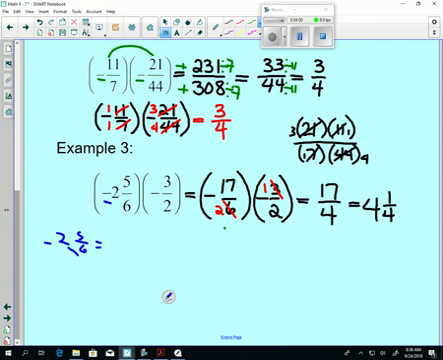So we go 2 times 6 is 12, and we have to add a 5. So that's going to give us negative 17 over 6, and we have a negative 3 over 2. Now we need to get a common denominator, 6 and 2.